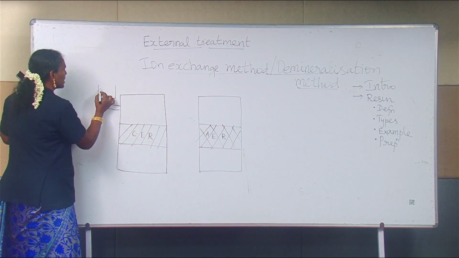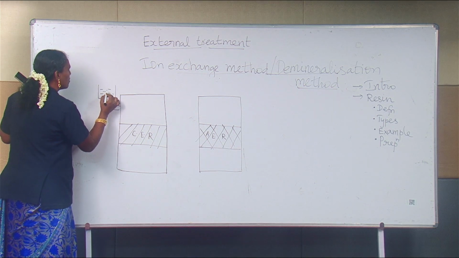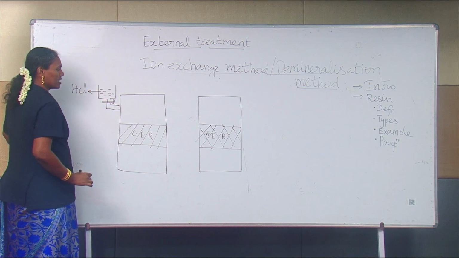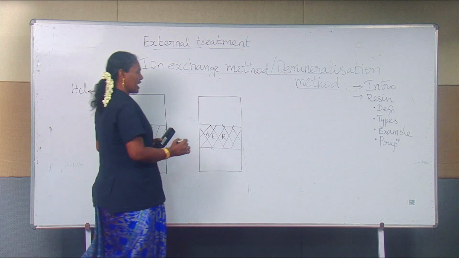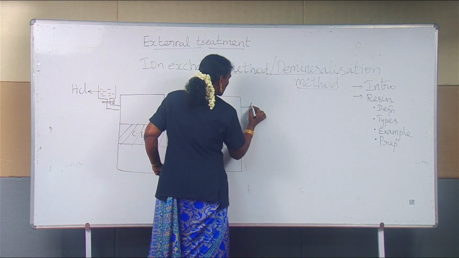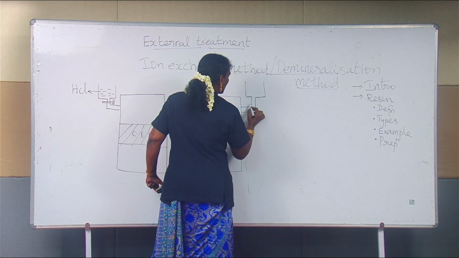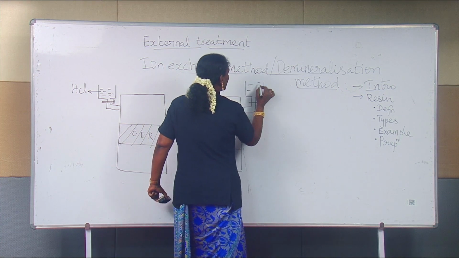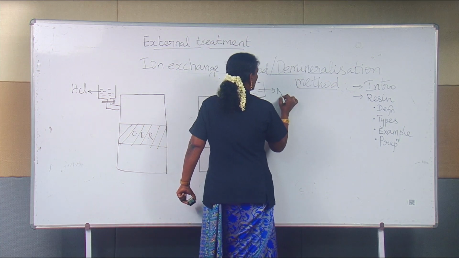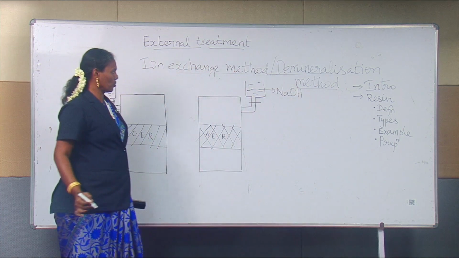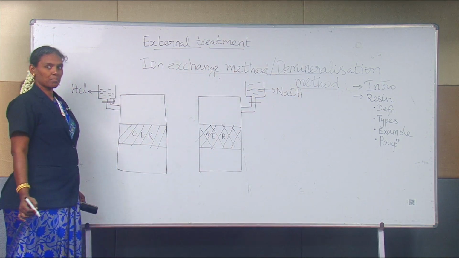Here we have to take the solution of HCl. In the same way, the anion exchange bed also has a regenerative column. Here what do we have to take? NaOH is used.